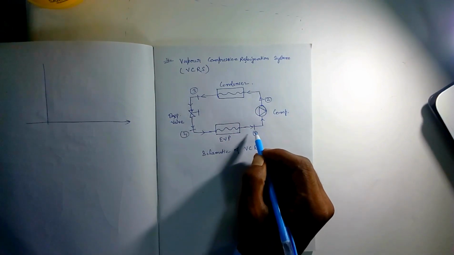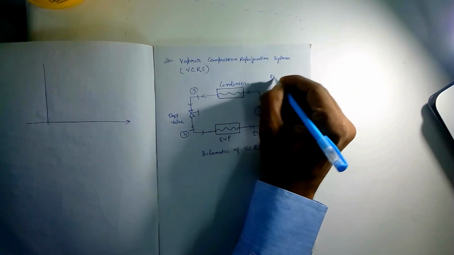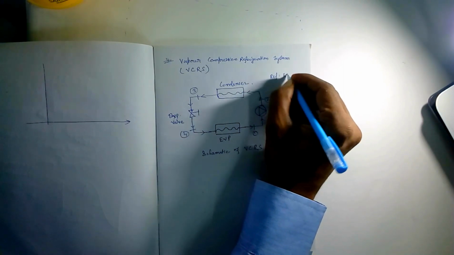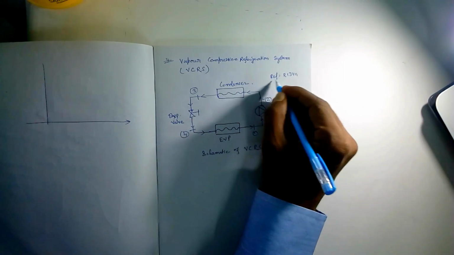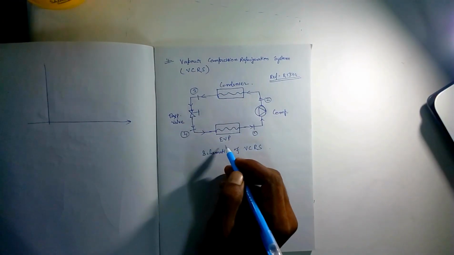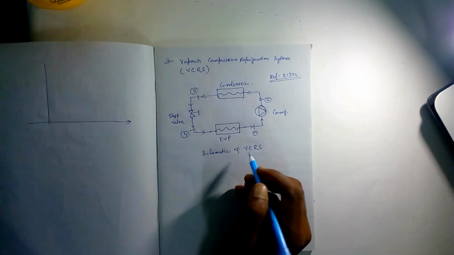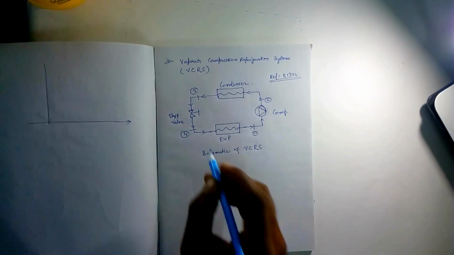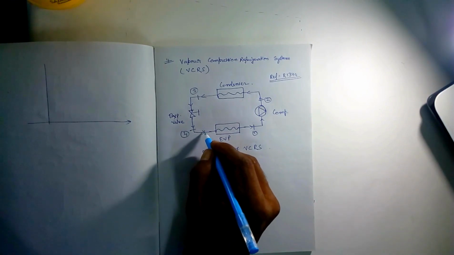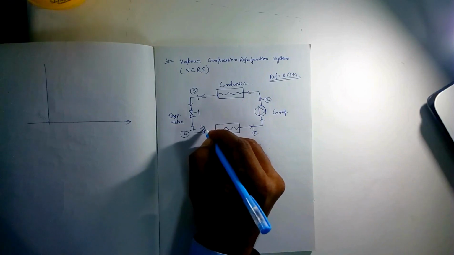So via 1, 2, 3, 4, a refrigerant, say R134A, is flowing through this circuit. In the evaporator, the evaporation process is going on. Suppose I am starting from this point. Here we have liquid refrigerant.